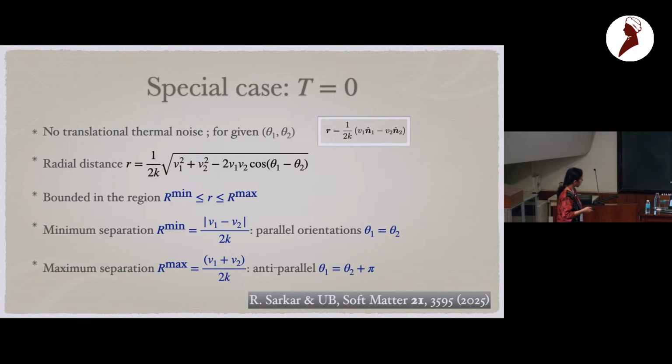What is most surprising is that this R, the stationary state separation between the two particles for a fixed theta 1 and theta 2, has a minimum bound. The particles cannot come closer than a particular distance. That's like an effective repulsion being generated. As long as their self-propulsion speeds are different, they cannot come closer than a certain distance.